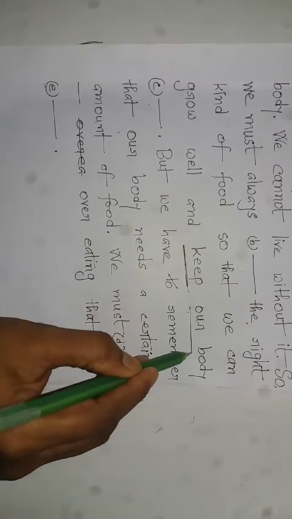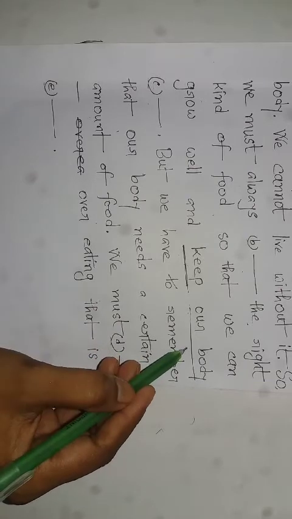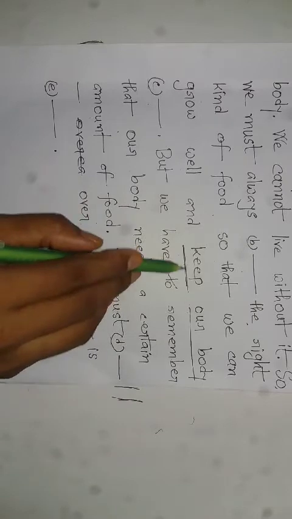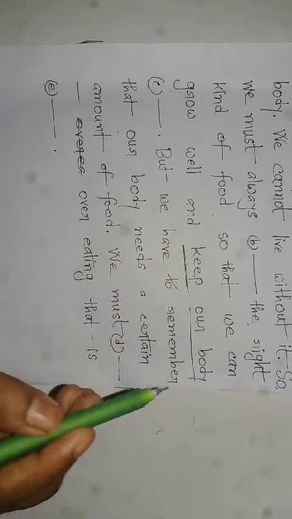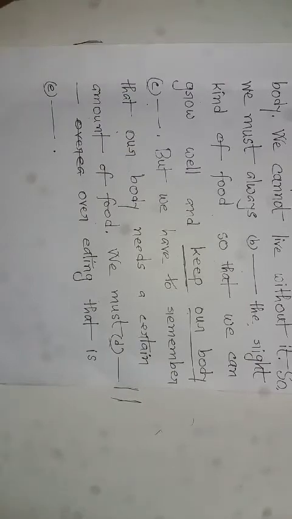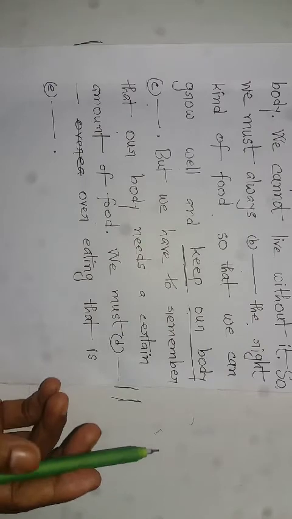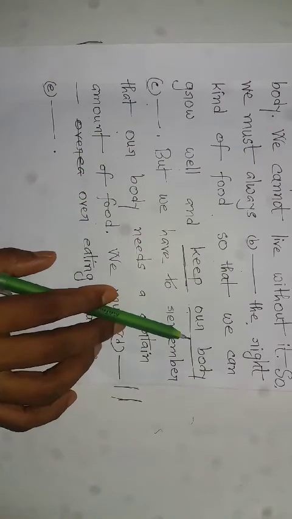Here is an object, our body, and then a complement to the object is necessary to complete the sense. So you need an adjective complement that gives an extra information about our body.